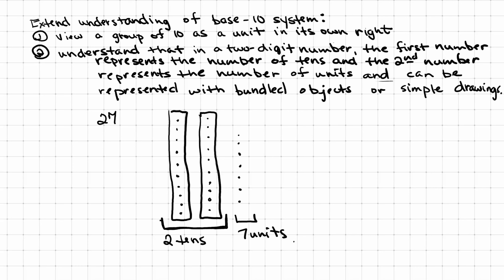As students' understanding of place value continues, they'll realize that just like units, values of 1 units can be grouped together into bundles of 10, then 10 bundles of 10 can be grouped together to form 100. And 10 bundles of 100 can be grouped together to form 1,000.